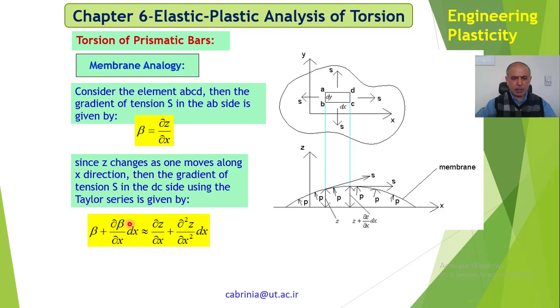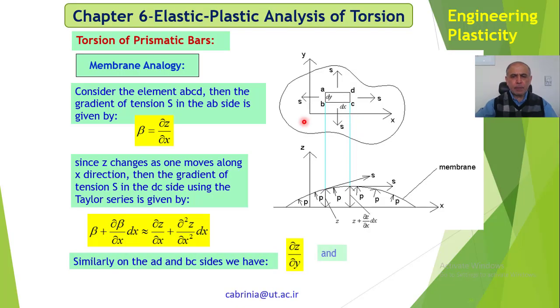Now we can write this as partial z partial x instead of beta, and putting partial z partial x in here, we get partial 2z over partial x2 dx. So that's what we get for this point on the DC side. AB side, DC side.